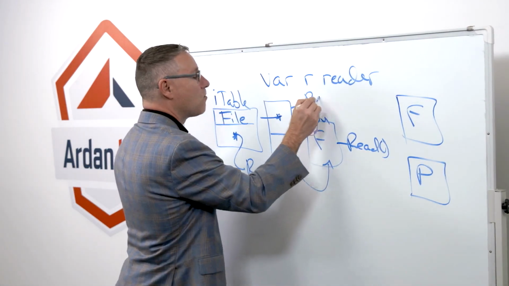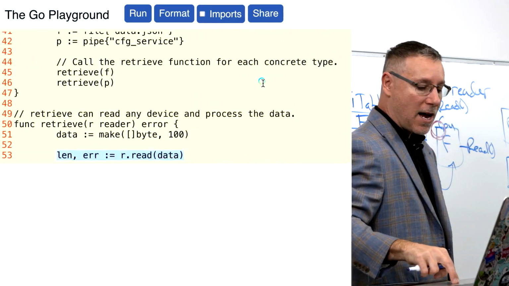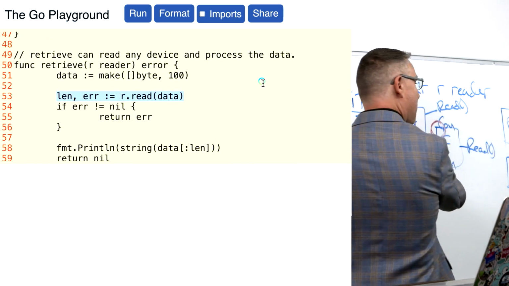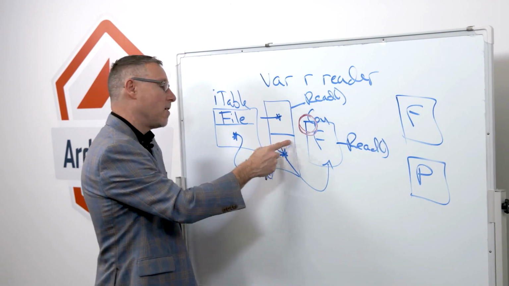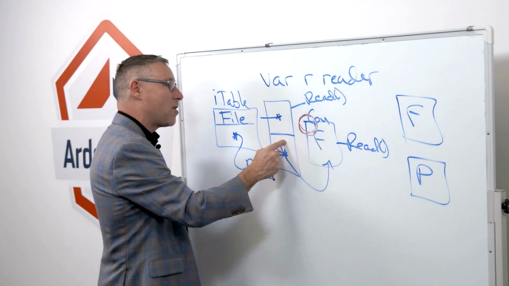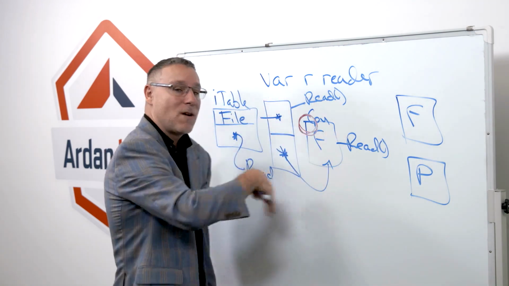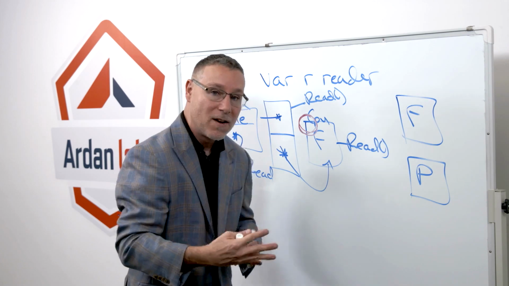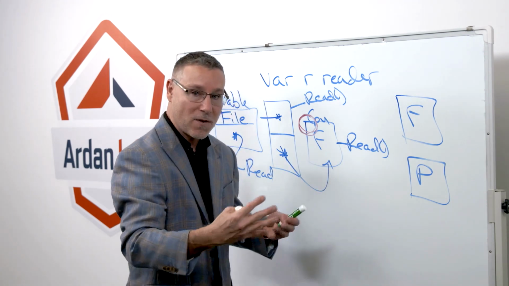When we call read against R on line 53, then we're going to do an I table lookup, identify that we've got a file value that is now stored in R. Once we stored this file value in R, it was no longer valueless, was it? It now represented a file value. It had concrete data inside of it. That's storage. That's the relationship between an interface and the concrete data, one of storage.